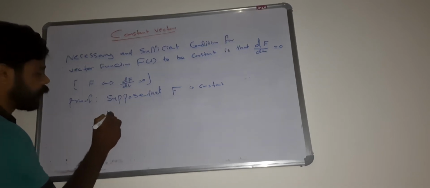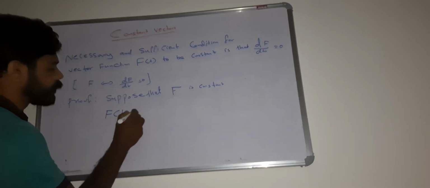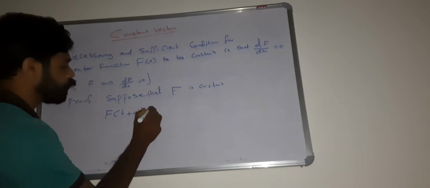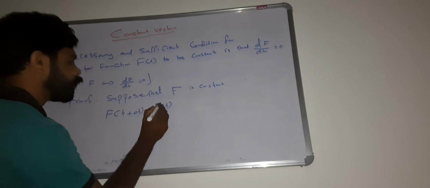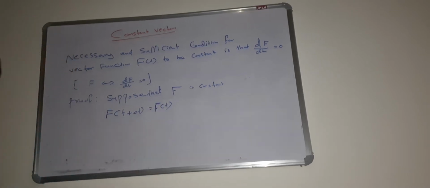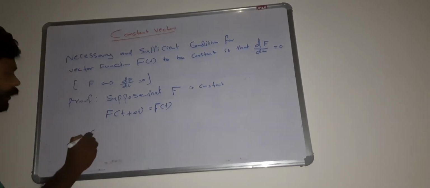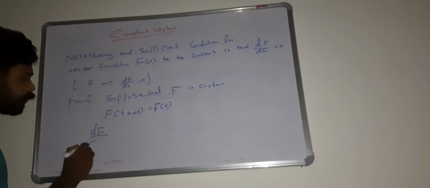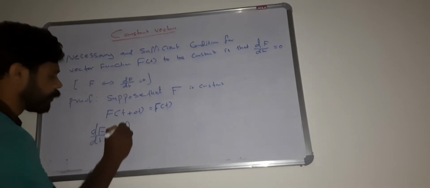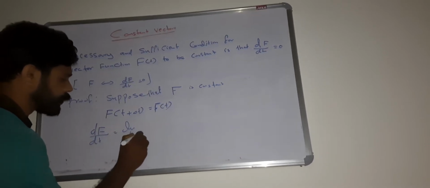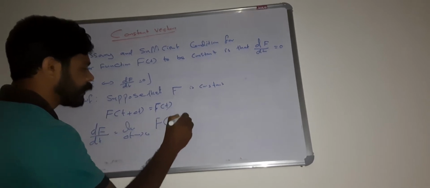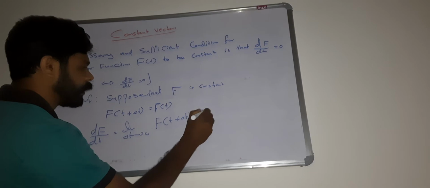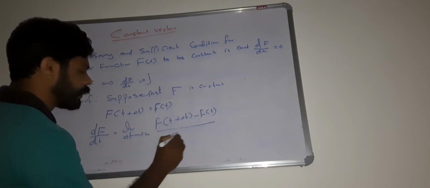Then capital F of t plus delta t will be equal to f of t. Then df by dt equal to limit delta t tends to 0, F of t plus delta t minus f of t divided by delta t.